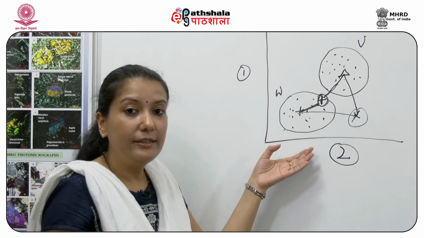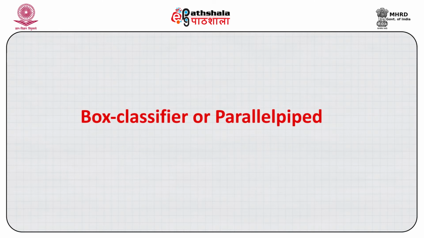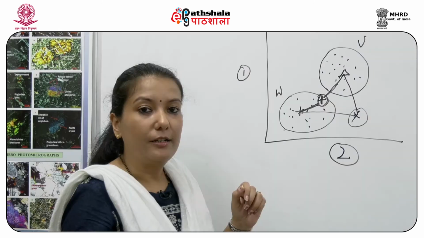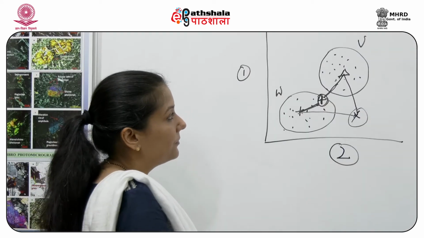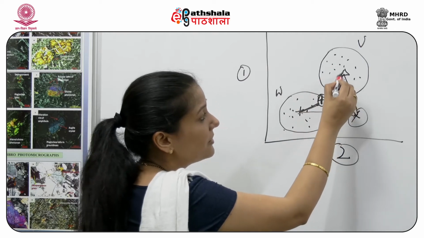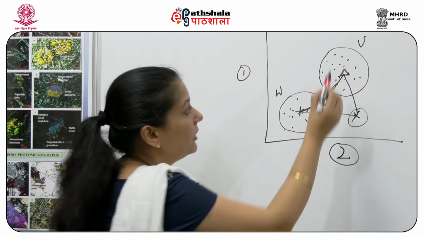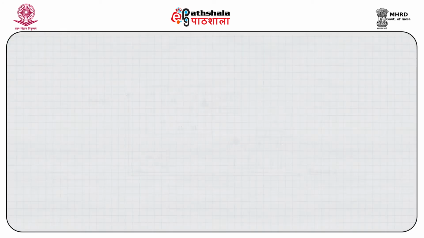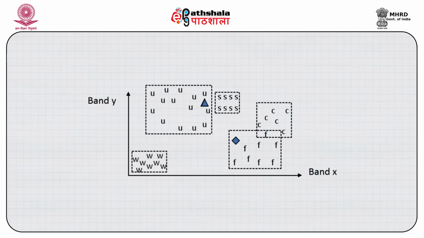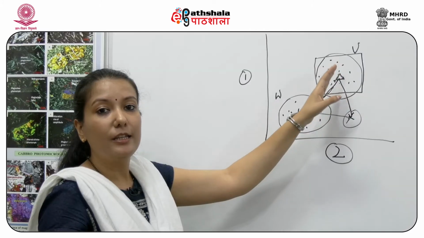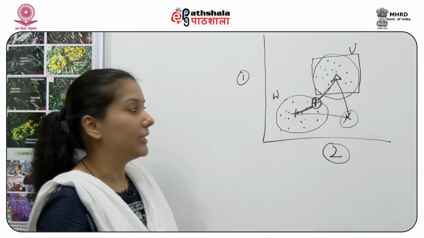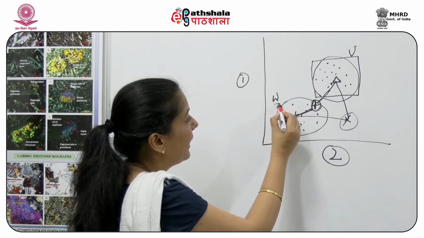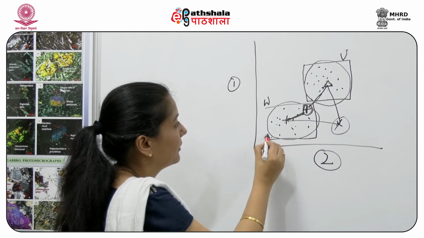To avoid this, we use another approach, that is the box classifier. Now what happens in the box classifier? Instead of considering only the mean value, we create a box around these pixels. In this we get the minimum, maximum, and the variance of pixels for the class itself. So this is a box and similarly we have a box here.